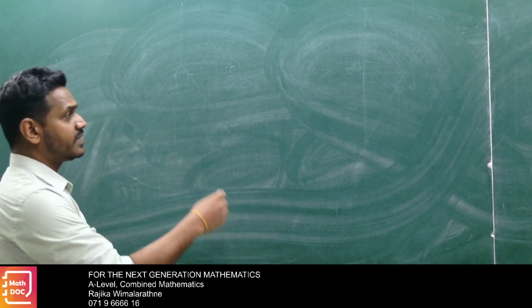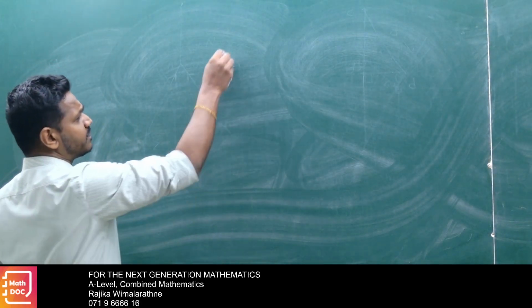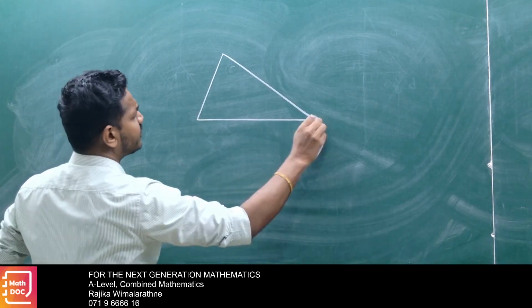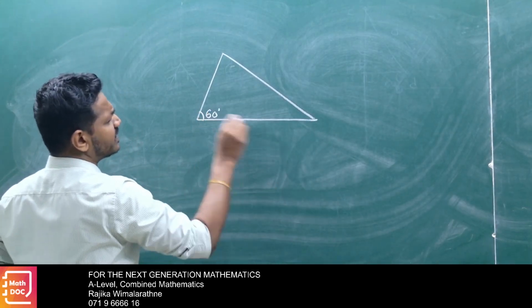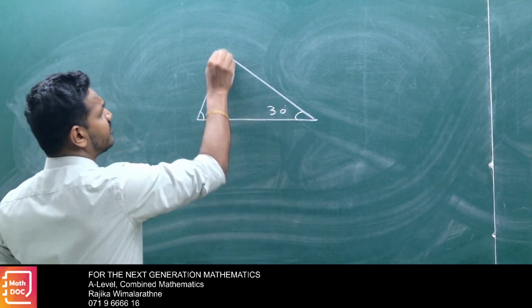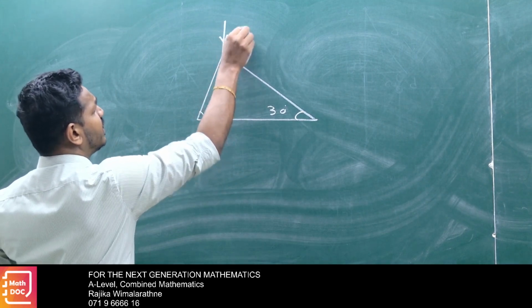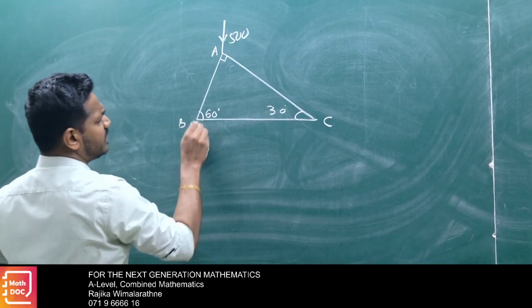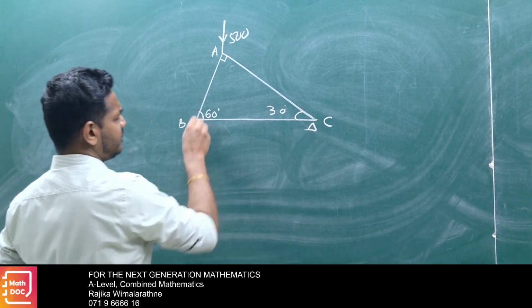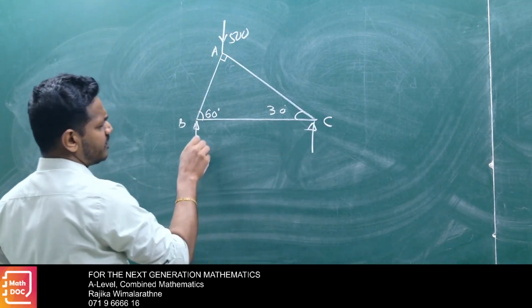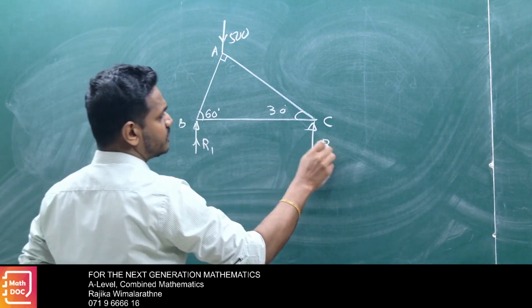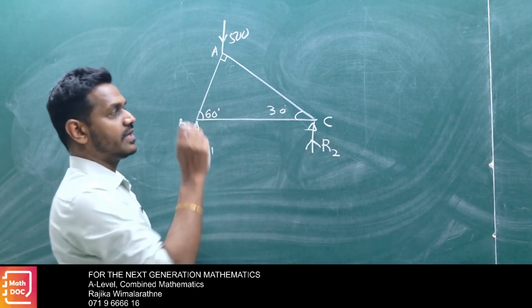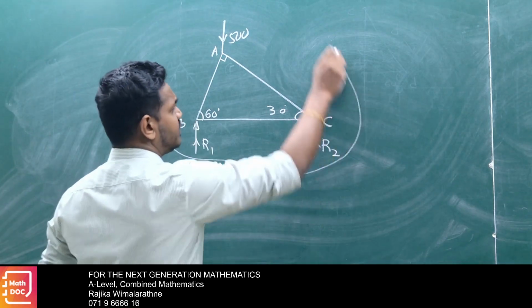Do with me. Here 60 degree, 30 degree, 500. Here two supports, R1, R2. Do with me.